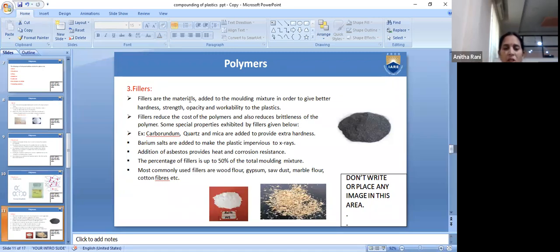Fillers are the materials added to the molding mixture in order to give better hardness.